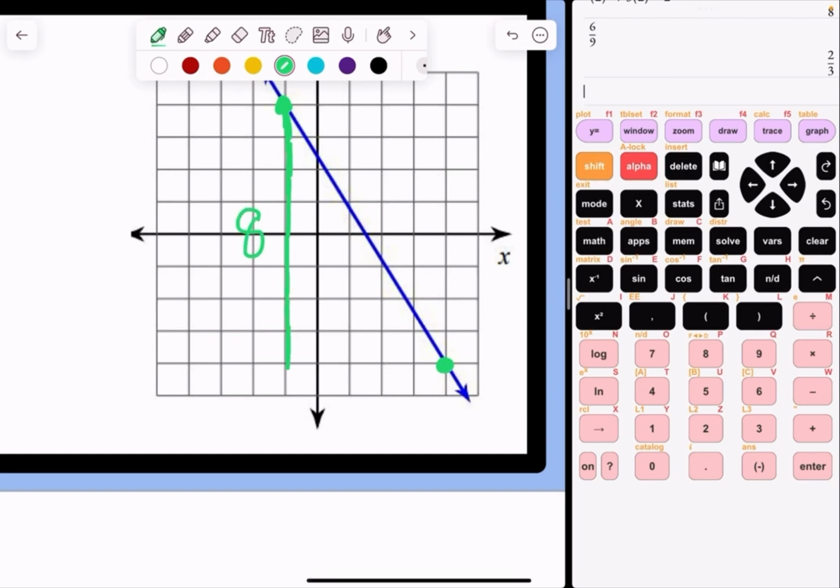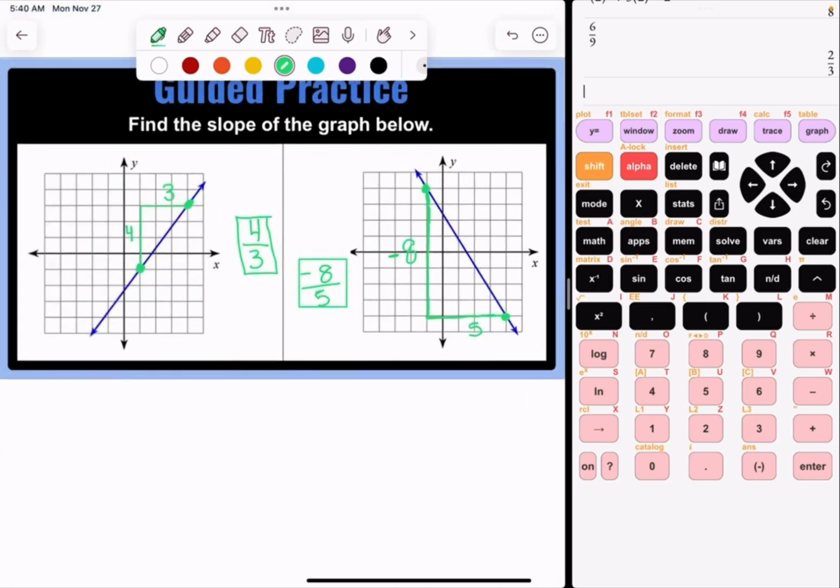But if we went down, it's negative 8. And then we went to the right 1, 2, 3, 4, 5. So our slope would be negative 8 over 5. There's no way to simplify that, so that is our final slope. And how do you know if you could simplify that? You could type it in the fraction key of your calculator, and if it doesn't change, it cannot be simplified.